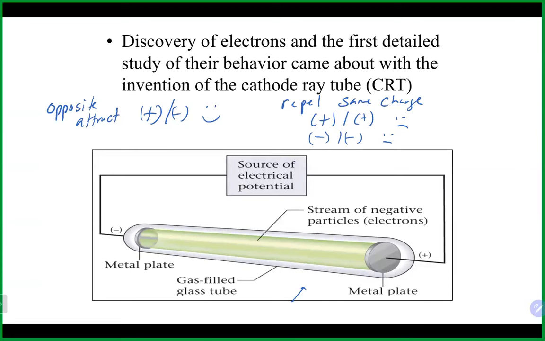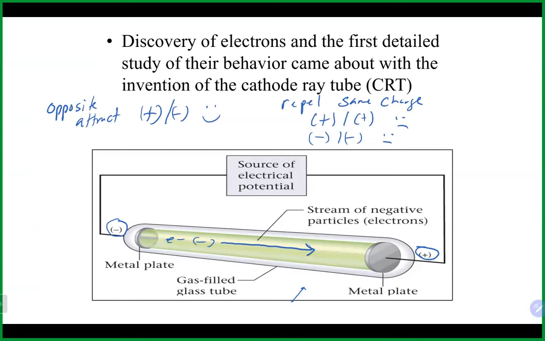So a cathode ray tube takes advantage of that idea, and we could do so by using something like an electrical field or even a magnet as well. Basically in a CRT tube, we have this beam of negatively charged particles, and we have a negative side and a positive side in terms of electrical field. That means these negatively charged particles are going to head towards the positive side of that electrical field. It's going to move away from the negative side of the electrical field.